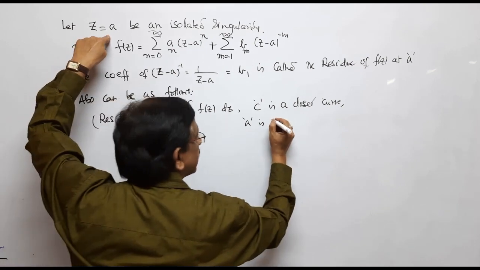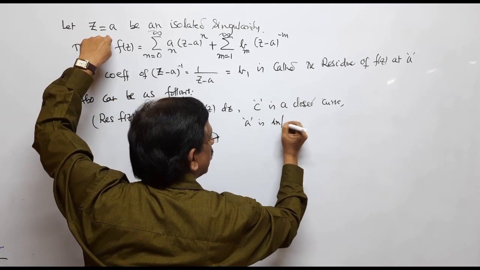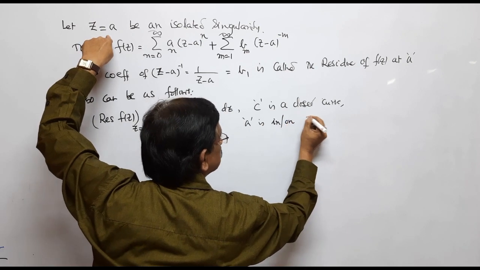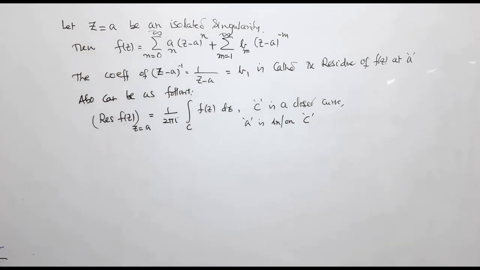So a lies in or on C. Then residue of f(z) can be evaluated as 1/(2πi) ∫ f(z) dz.